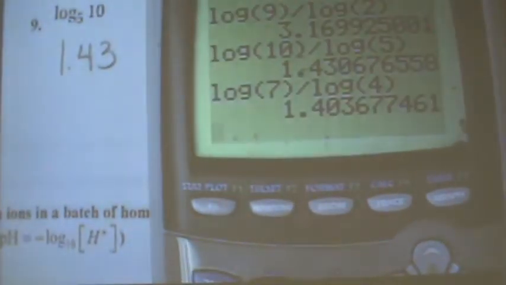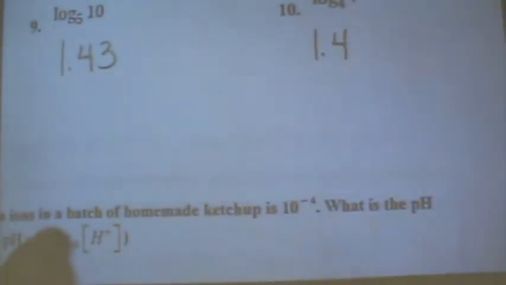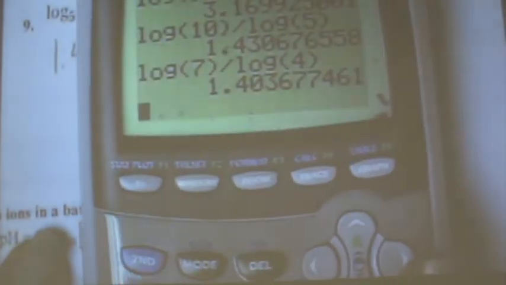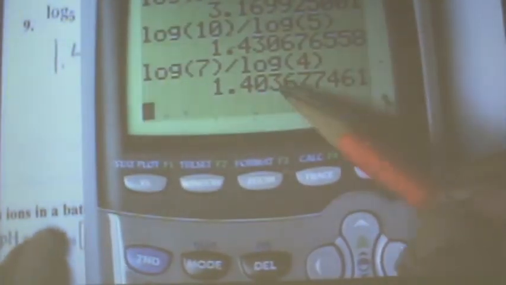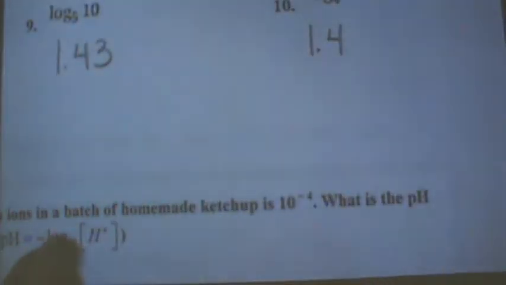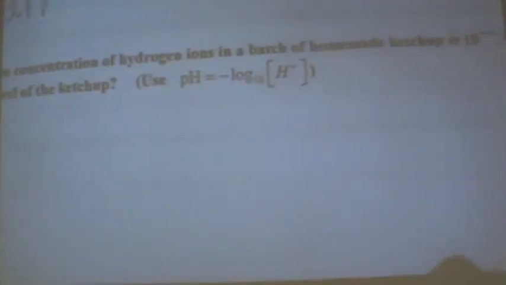That's strange. Those are the same answer, 1.40. Oh, no, it's not the same. It looked the same. Didn't it look the same? This is 1.43, and that's 1.403. That's strange.